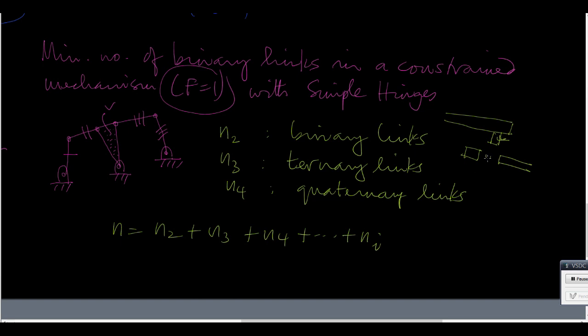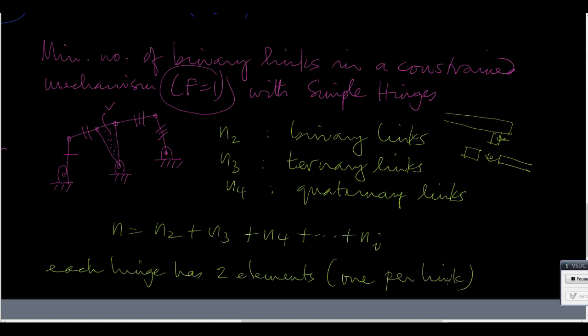This is one element, this is another element, right? So each hinge has two elements, one per link. Okay, good.